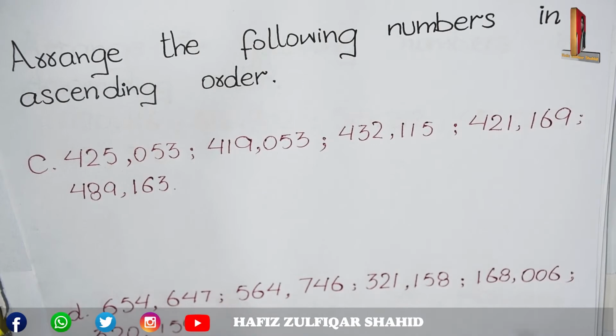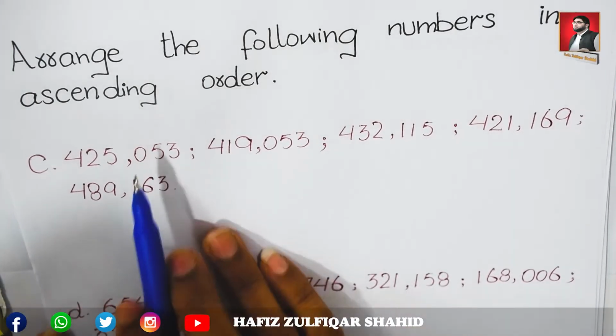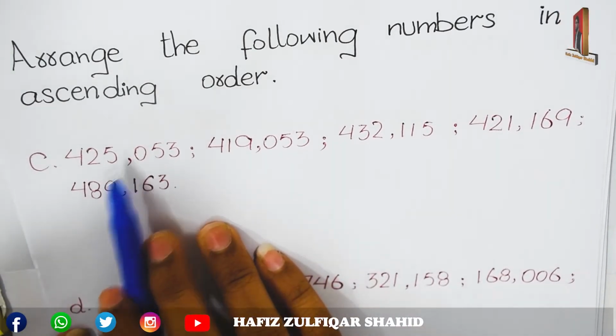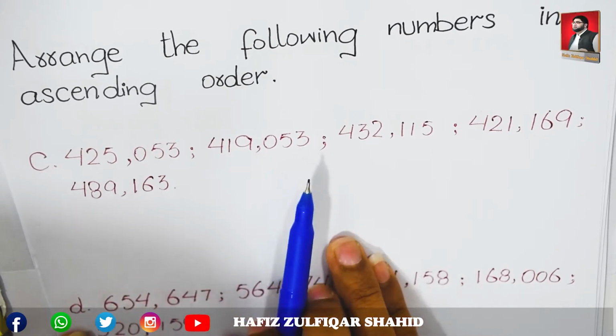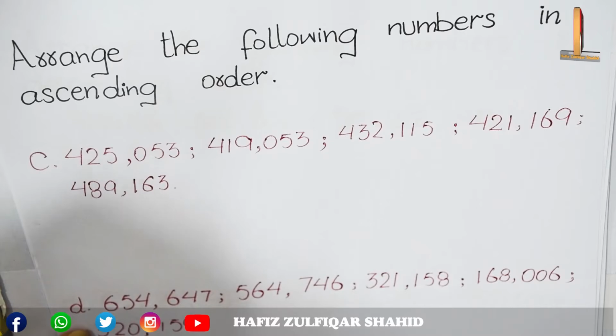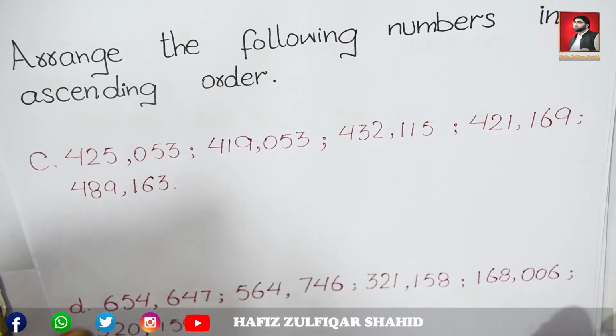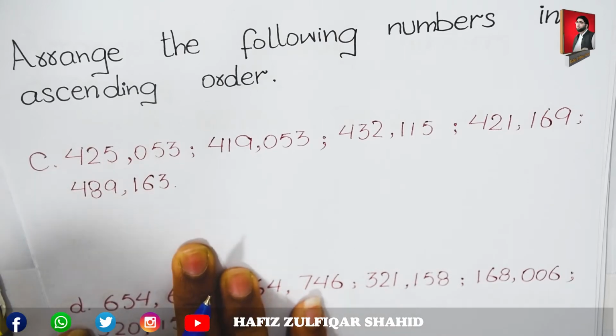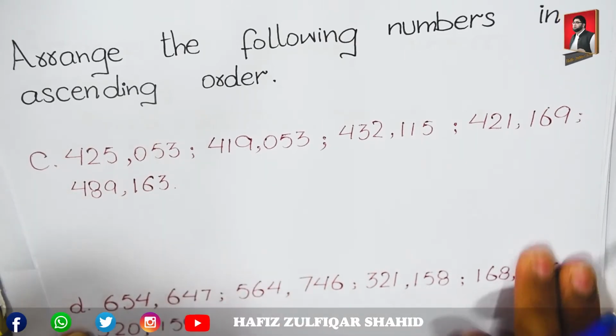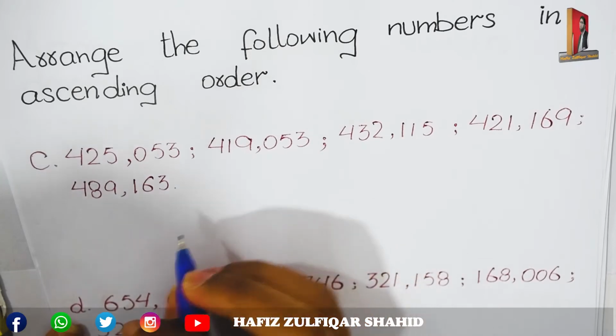When we compare different numbers, start comparing at the largest place value. And when we arrange them in ascending order, we need to arrange these numbers from the smallest to the greatest. So first we will write the smallest number, then we will move to the greatest.